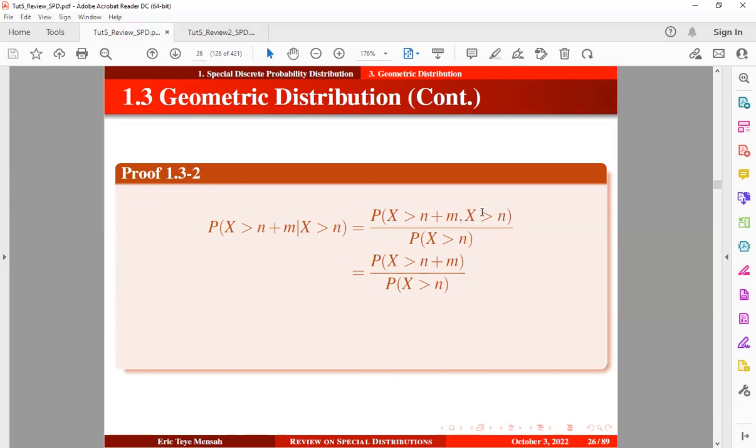So the intersection will be in this form. So using theorem 1.31, we can rewrite this in this form. The numerator can be written in this form, and the denominator can be written in this form, and we can work this out to obtain that, which is similar to that, okay?